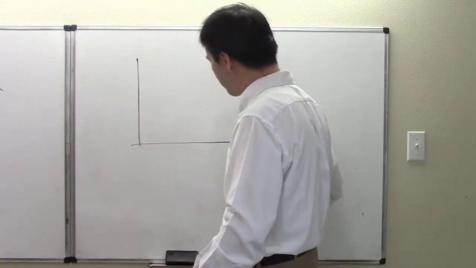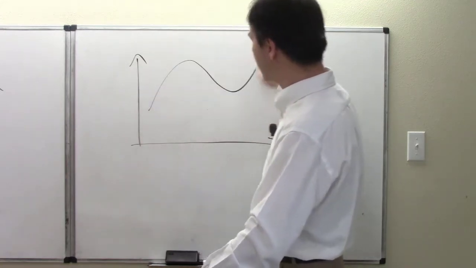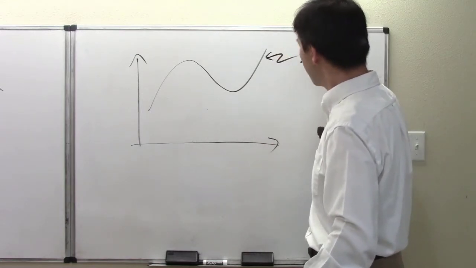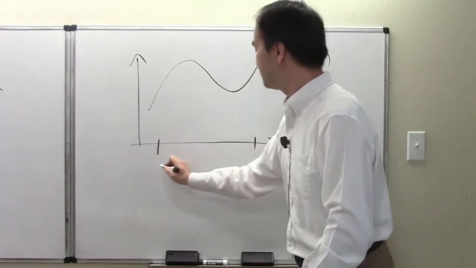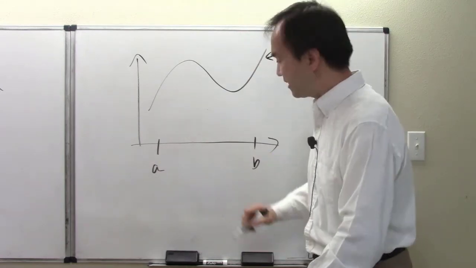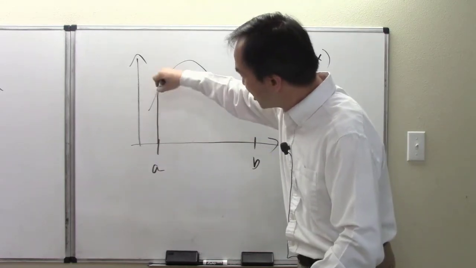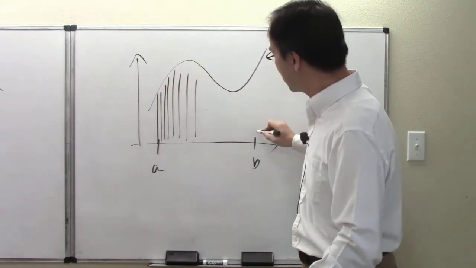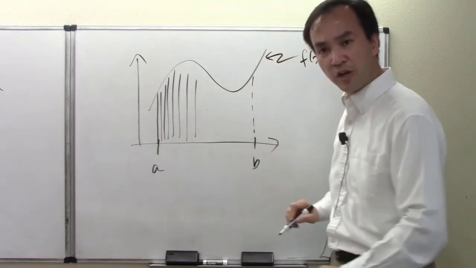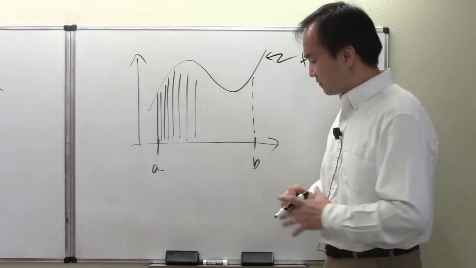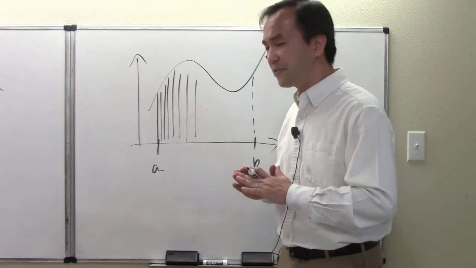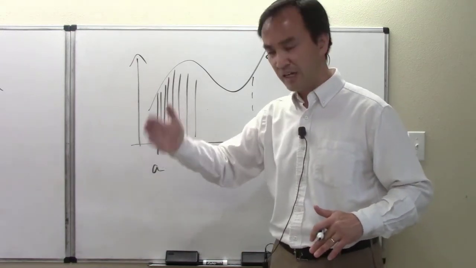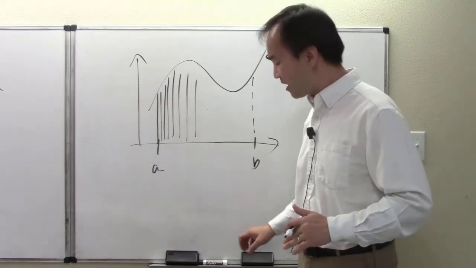You have a graph, and the whole idea of a definite integral is that for your function f of x inside an interval from a to b, the definite integral is the accumulation. At this point, you should be well familiar with that idea. We started out on our very first day getting to know the definite integral through the Riemann sum, and here we are about to learn different approximation methods.